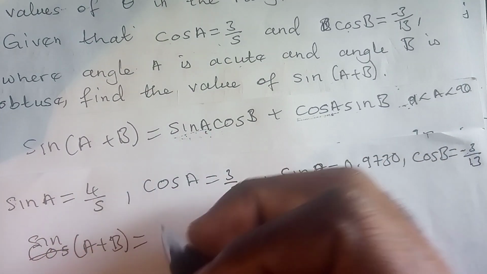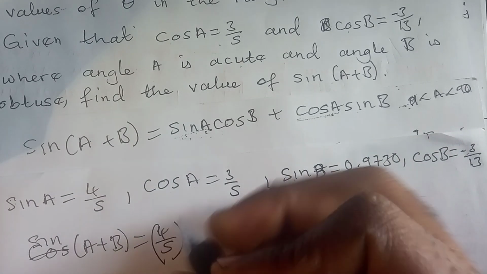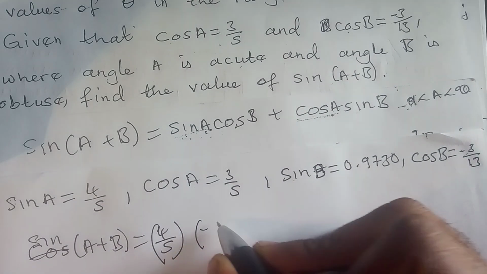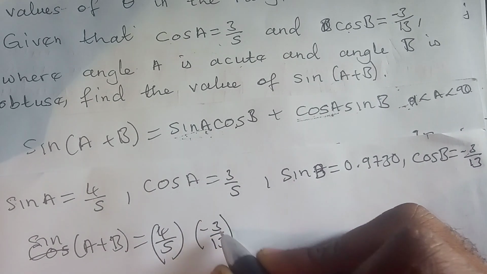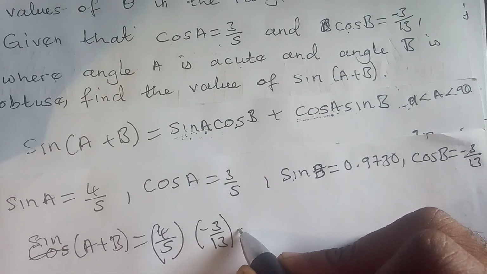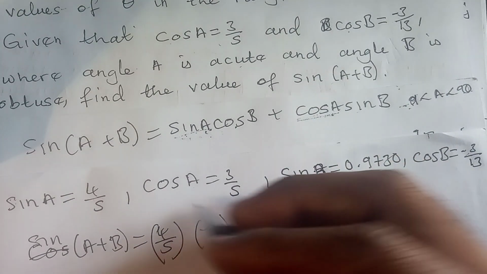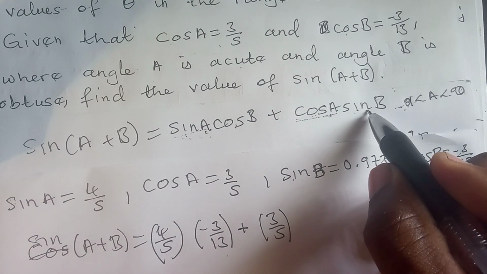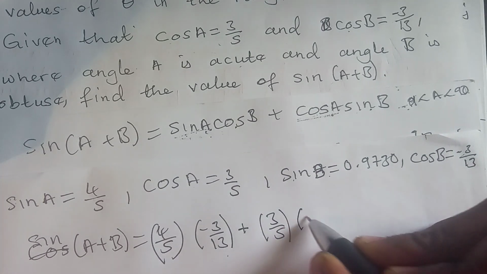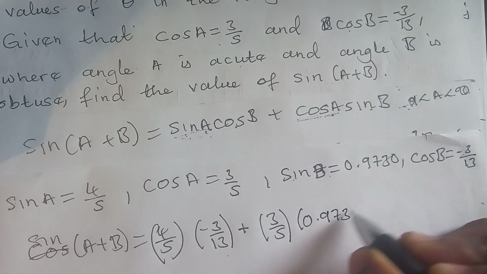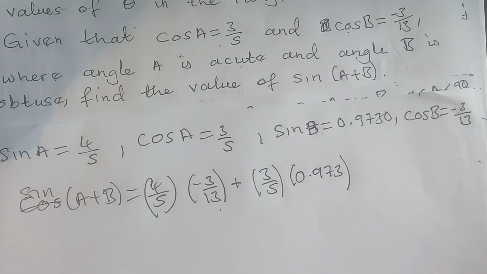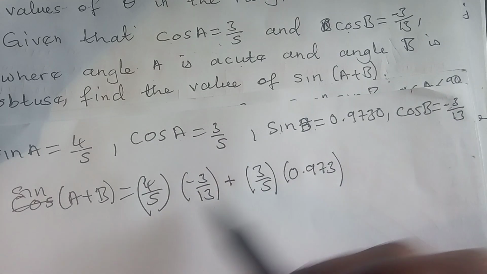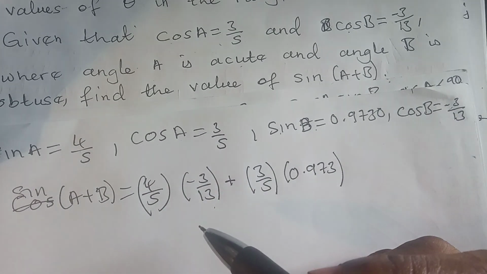Our sin A is 4 over 5, and our cos B is negative 3 over 13, plus cos A is 3 over 5, and then sin B is 0.973. Then you can simply add these two numbers and multiply, and you are done.